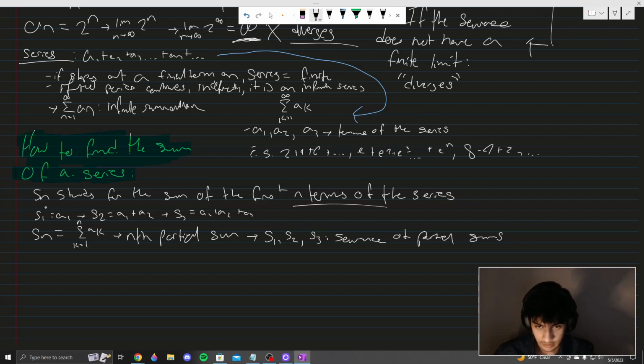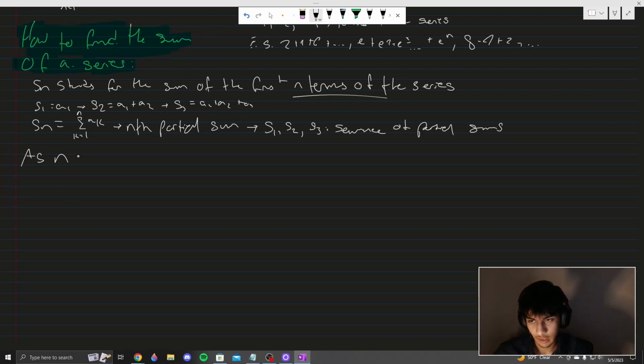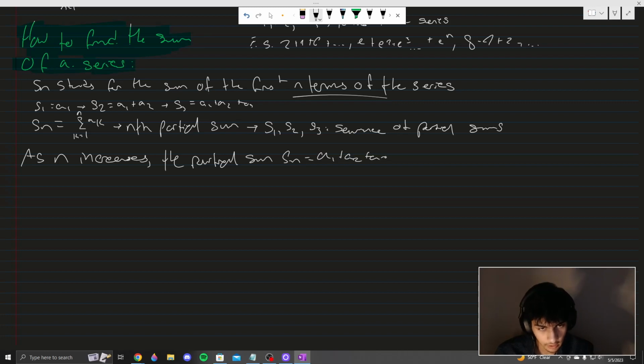So let's talk about the sum of a series in relation to convergence and divergence, right? So as n increases, the partial sum S sub n equals A1 plus A2 plus A3 plus dot dot dot plus A sub n plus dot dot dot.